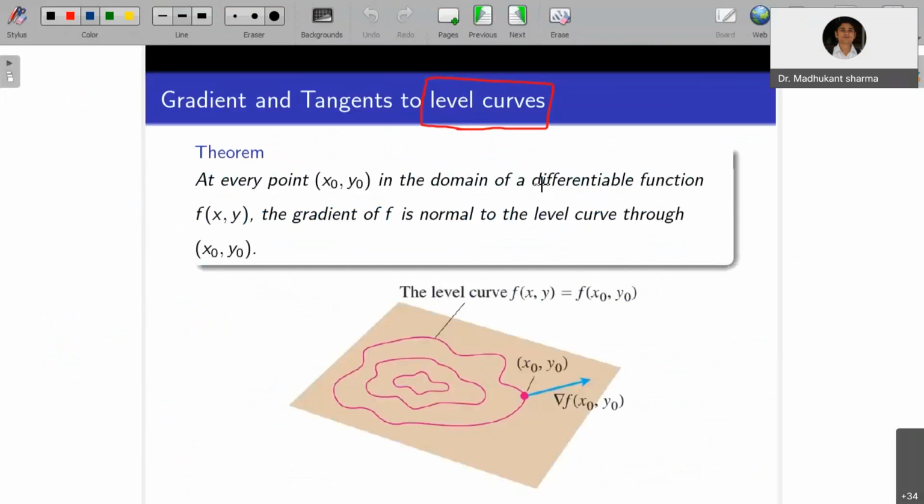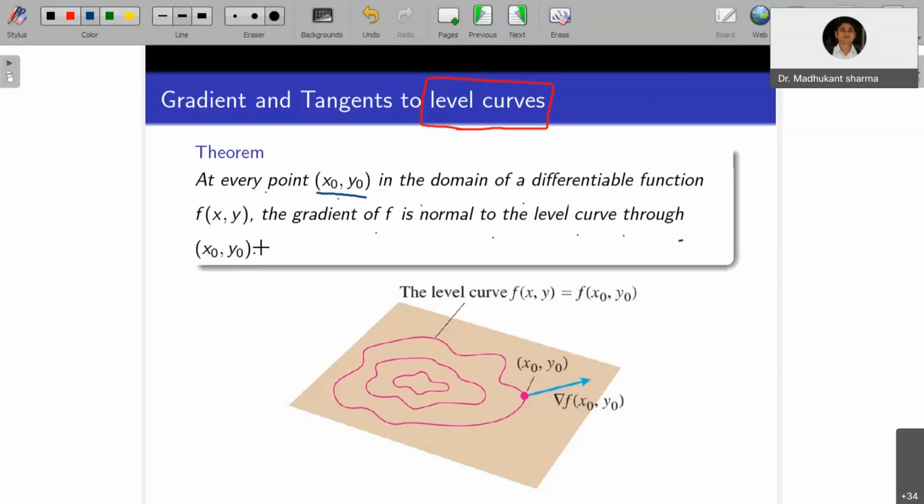This observation tells you that at every point x naught, y naught in the domain of a differentiable function f, the gradient of f is normal to the level curve through x naught, y naught. Gradient f is orthogonal to that tangent vector, which gives you the normal direction.